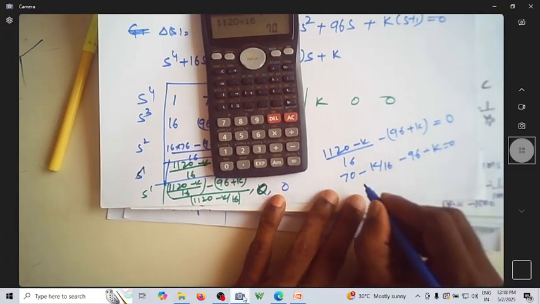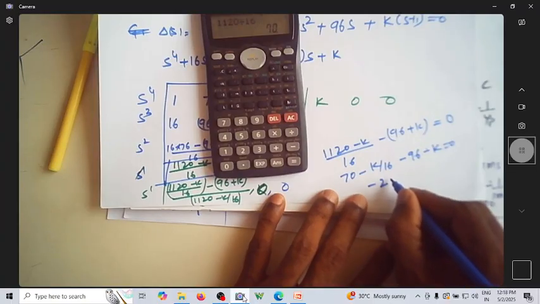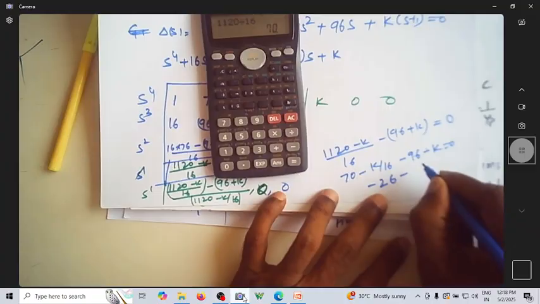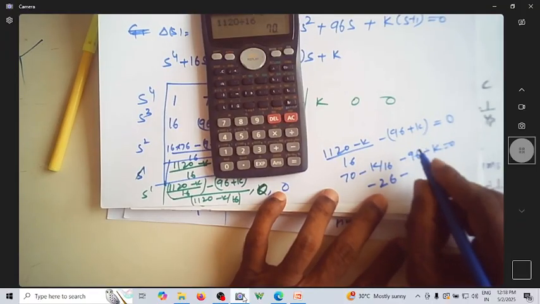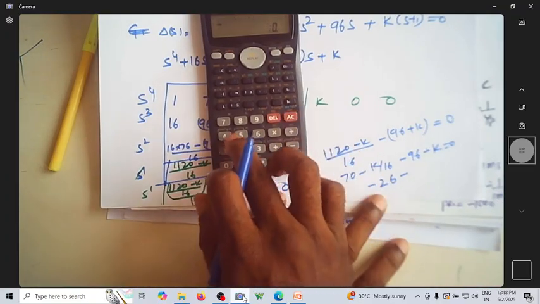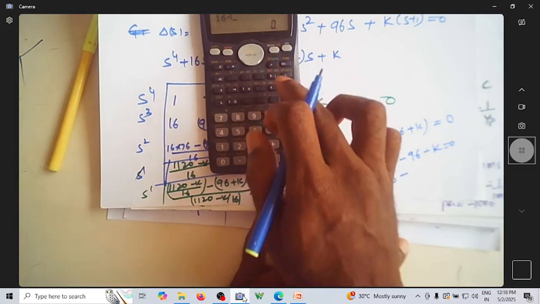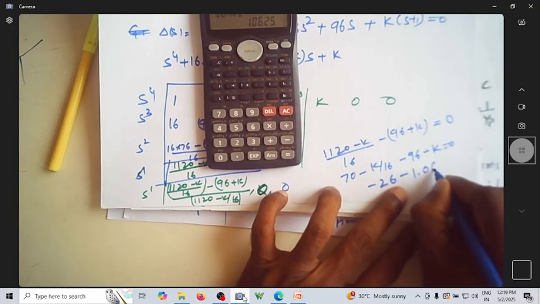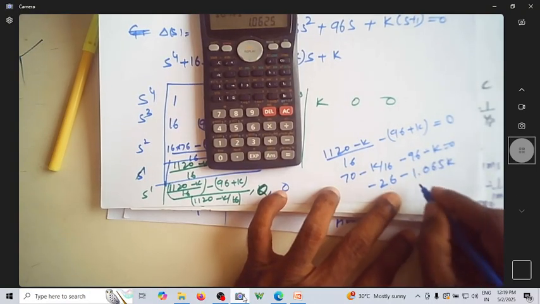Correct, now it is minus 26, minus of 17 K by 16.